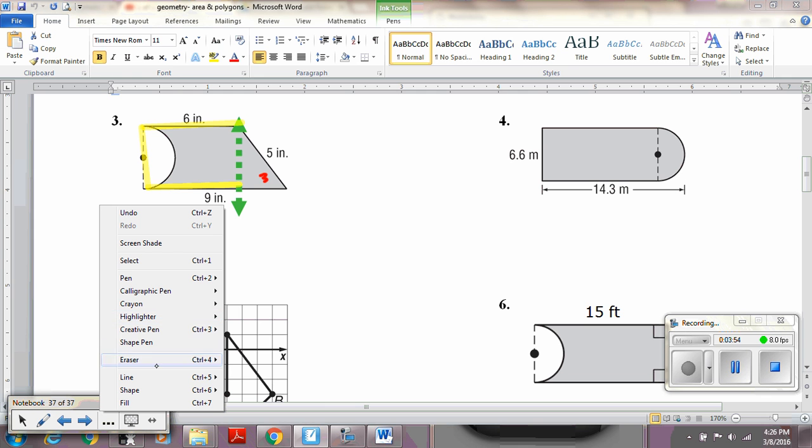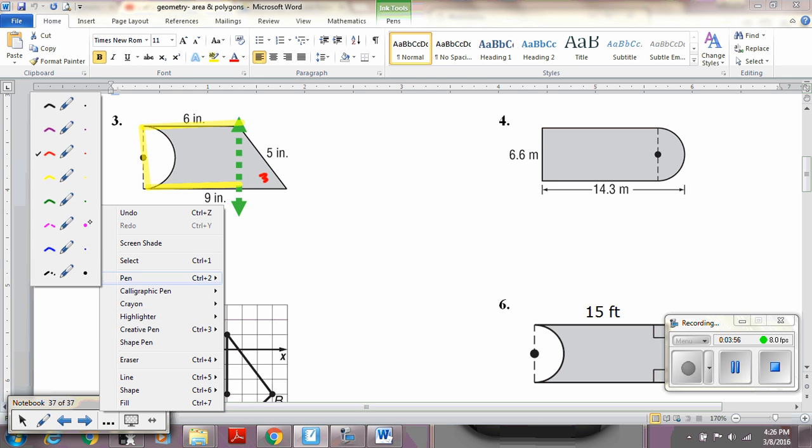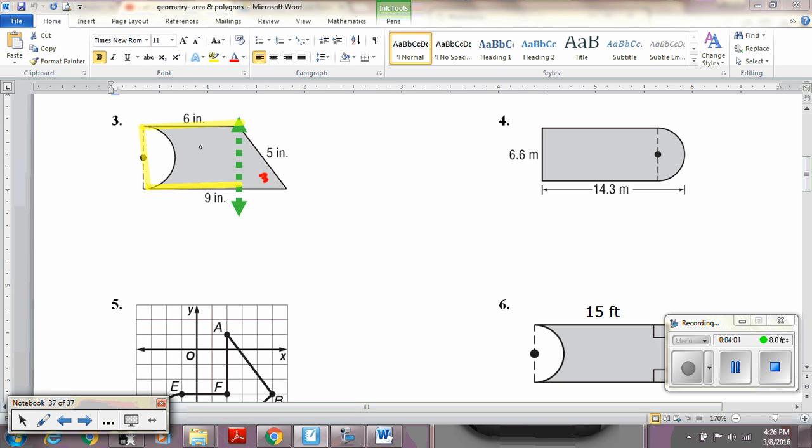So again, I'm going to number my figures so we understand what's going on. I have figure 1, figure 2, and figure 3. I'm going to find the area of figure 1, add it with the area of figure 2, and then subtract the area of figure 3.